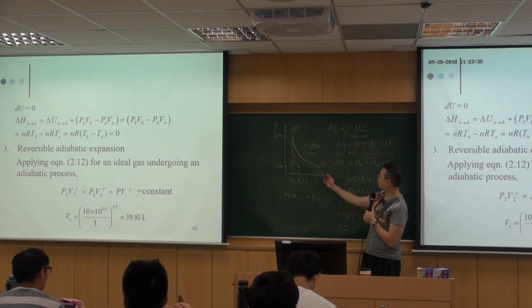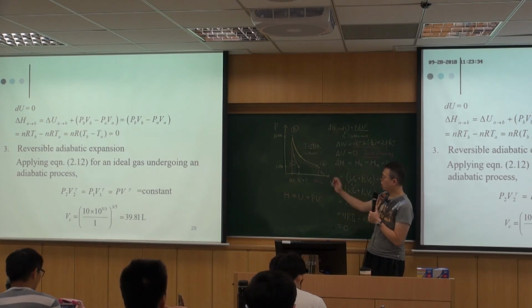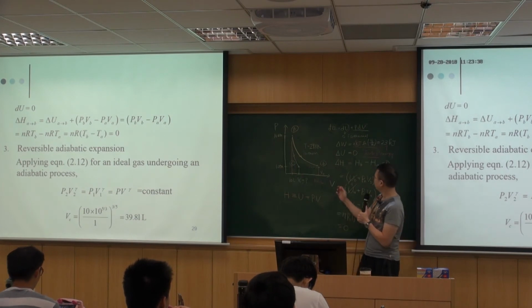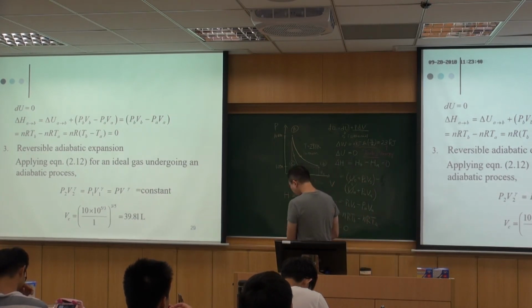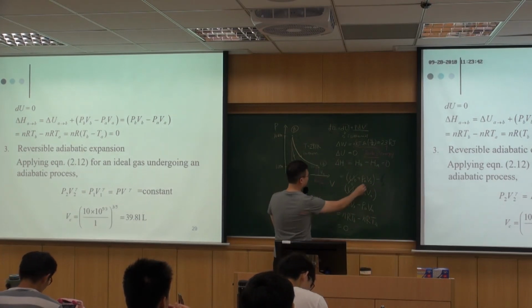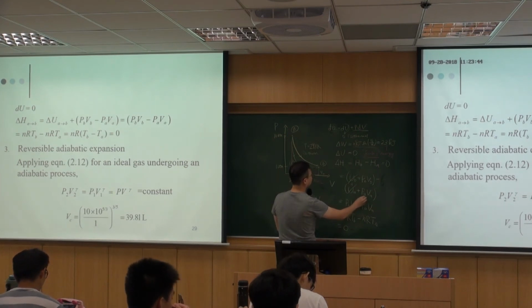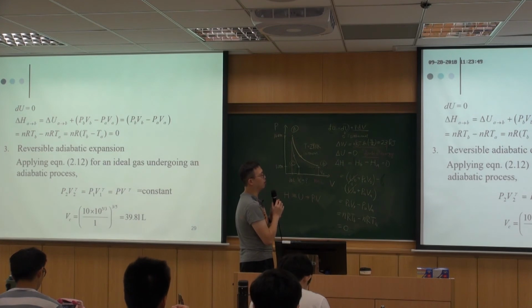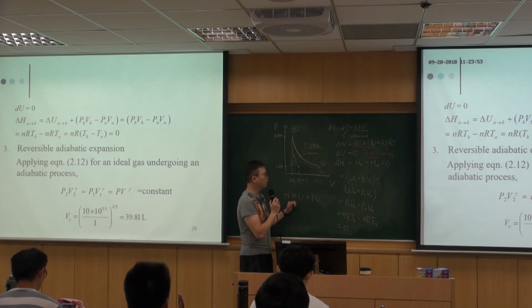So if you want to calculate this, you have to use U plus PV for each state. You'll see that the pressure here is different from the pressure here, but that doesn't matter at all because we're just using the definition of enthalpy.